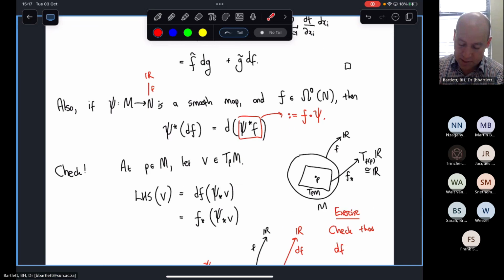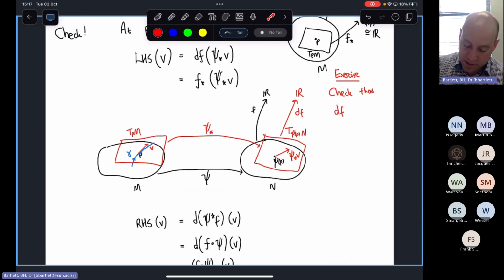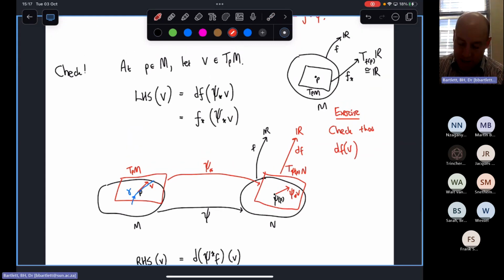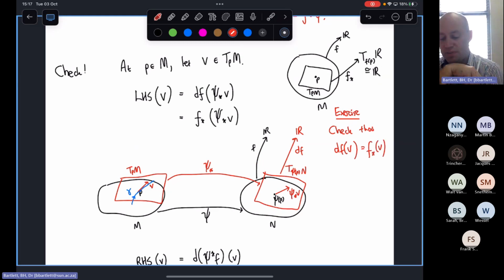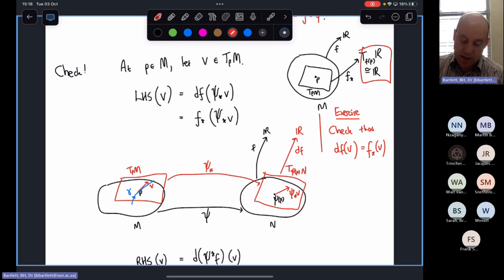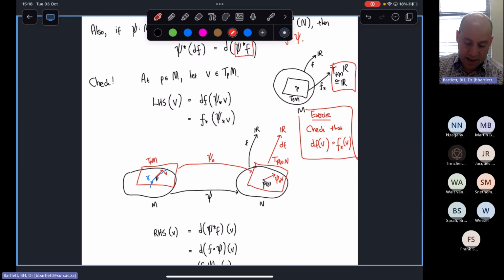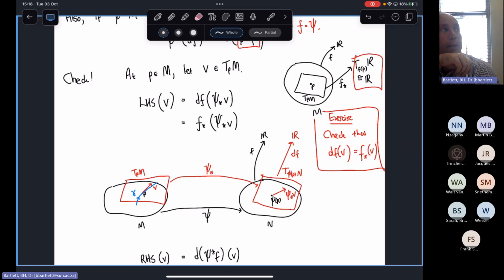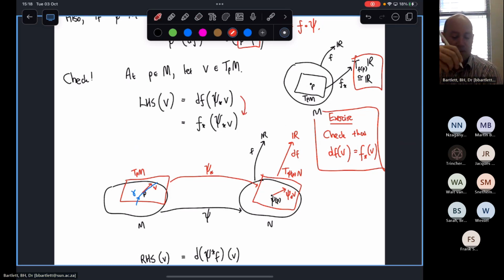The claim is that, according to that definition, if I calculate the differential of f applied to a vector V, that's the same thing as just calculating the push forward of f applied to V, once I make this identification here. Okay. So that's a really handy fact because it allows us then to say that this is equal to this. Okay, so I went from this line to this line.